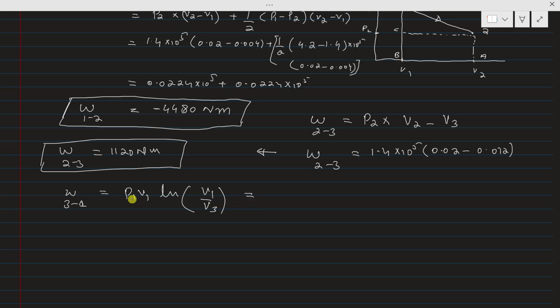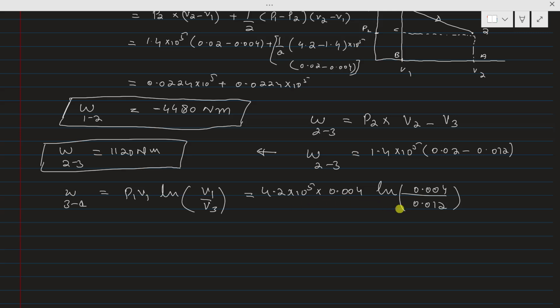So put the values. What is P1 V1? It is 4.2 multiplied 10 to the power 5 multiplied by the volume, that is 0.004. Then ln, what is V1? That is 0.004 divided by V3, that is 0.012.